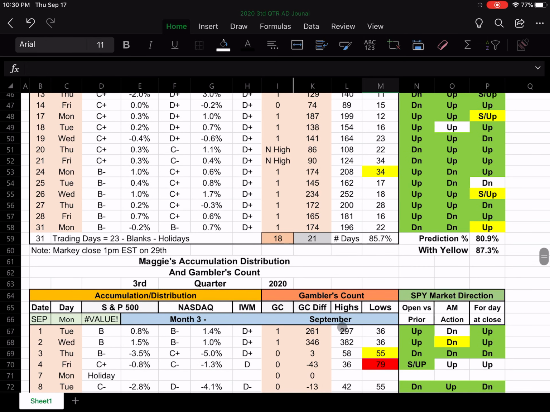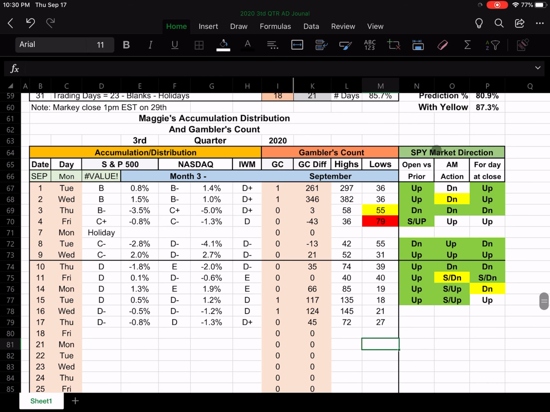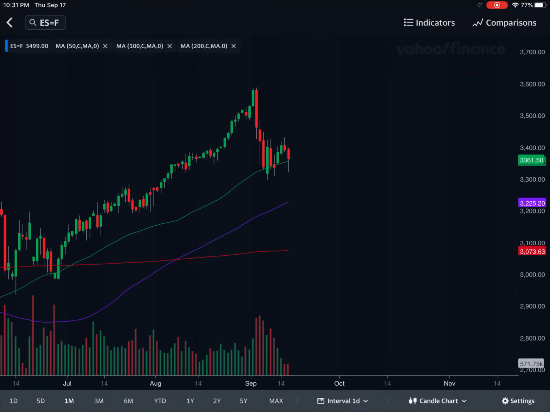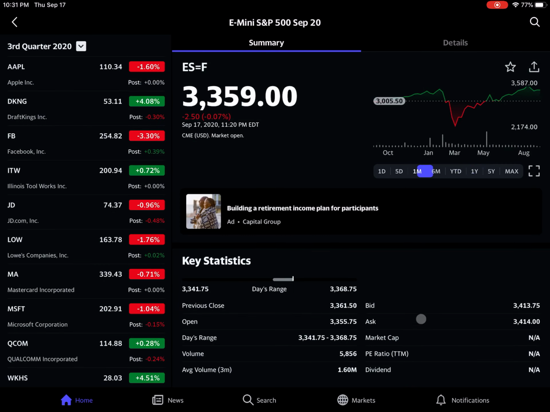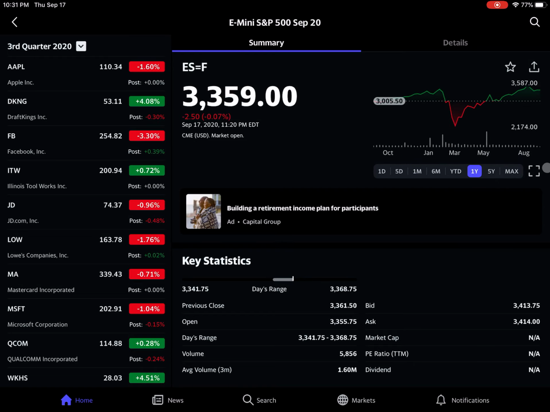So that is the gambler's count and the accumulation distribution. This over here is for you to practice guessing which way the market's going to go when it first opens. What you're looking for is a gap up. Well, actually, I could show you there.